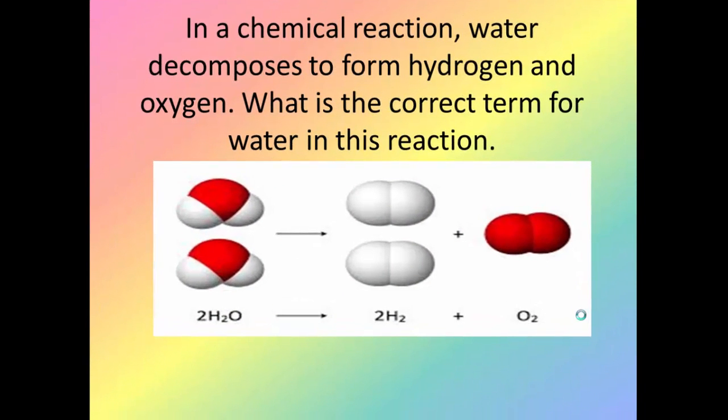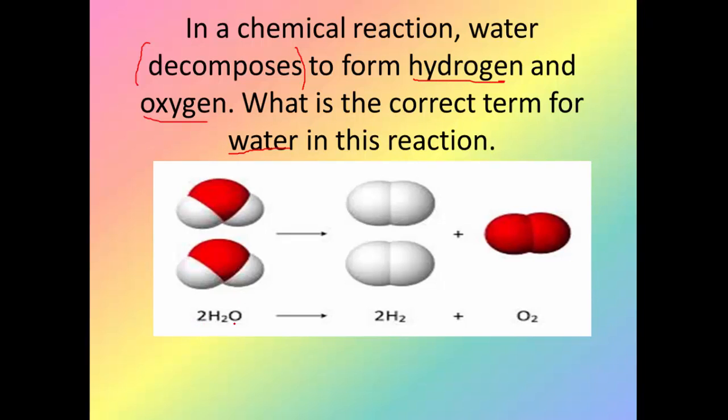So in a chemical reaction, water decomposes to form hydrogen and oxygen. What is the correct term for water in this reaction? So we know it's a decomp reaction, and we know that we are going from water to hydrogen and oxygen.